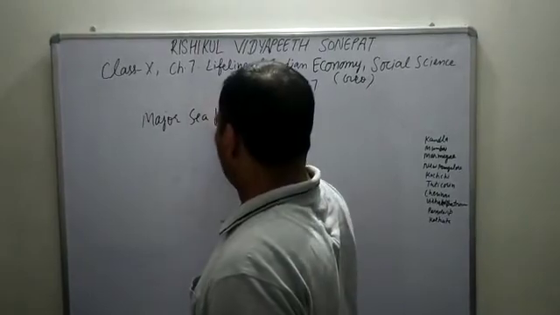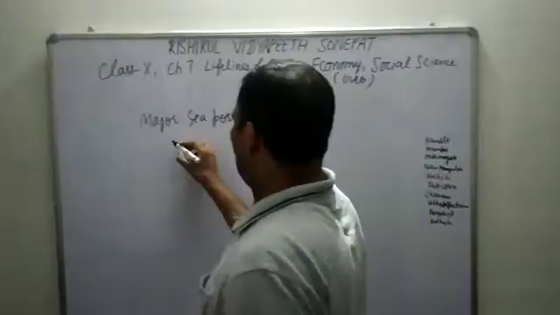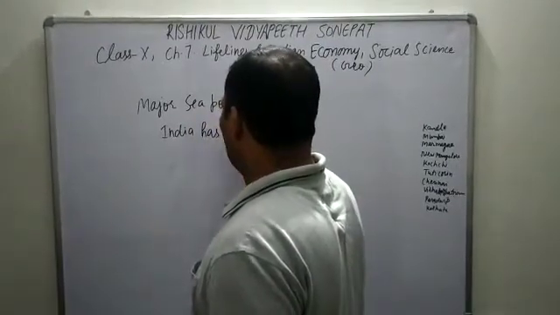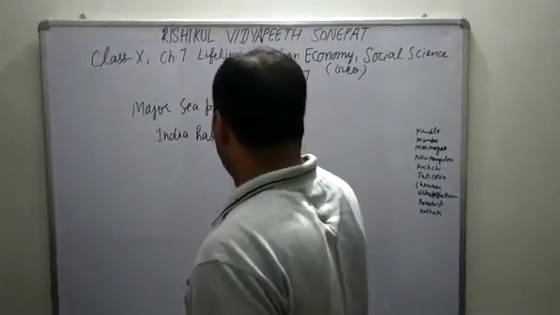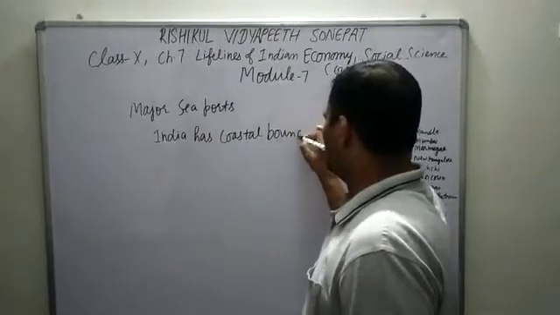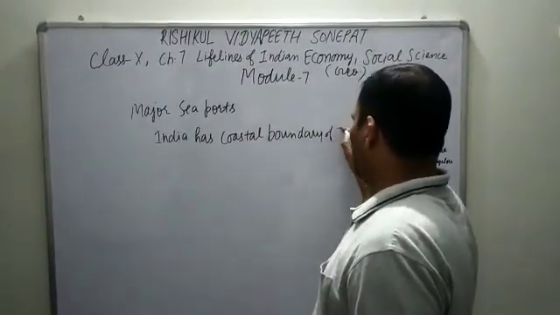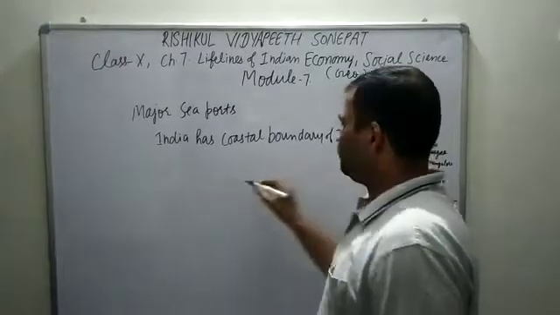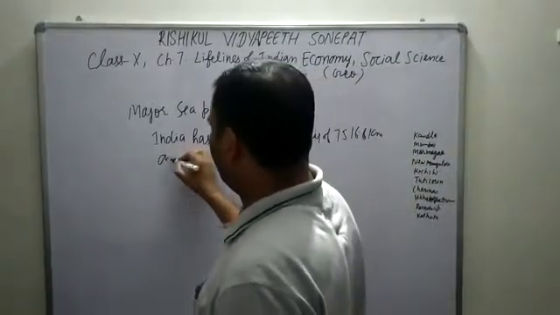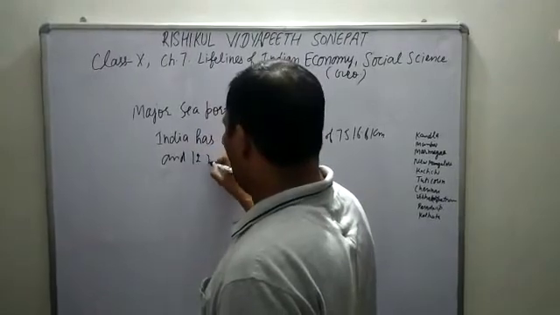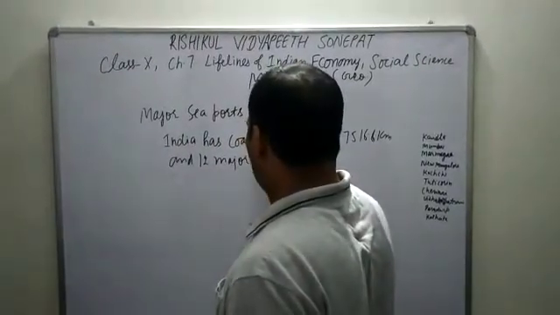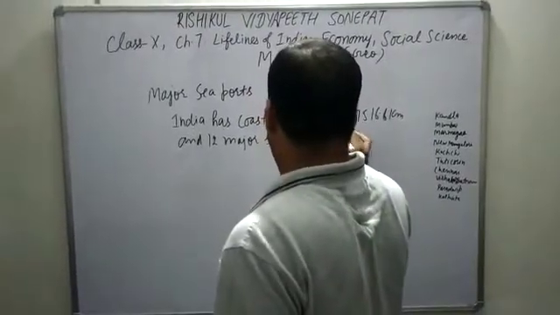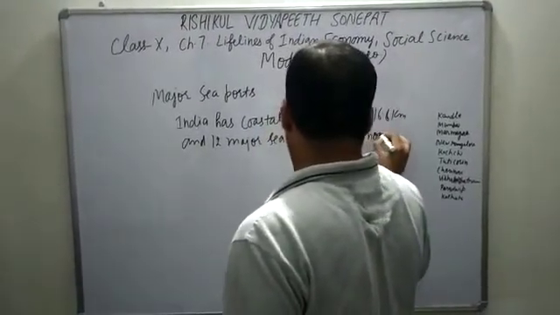Major seaports. You know, India has a coastal boundary of 7,516.6 kilometers and 12 major seaports and 187 minor.